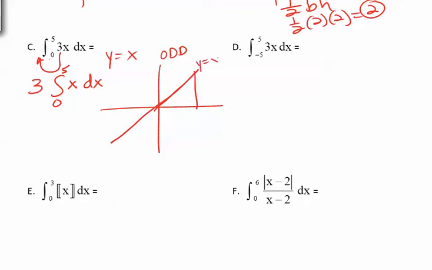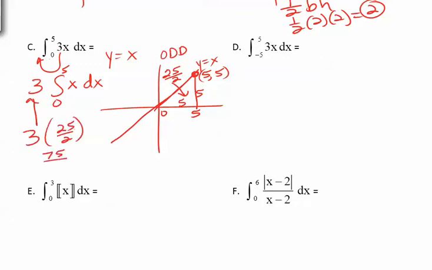So if we go from 0 to 5, this point is 5, 5. So our base is 5 and our height is 5. So the area of this triangle would be 25 halves. And then don't forget that we've got to do this 3 times the integral. So there's one method of getting 75 halves.